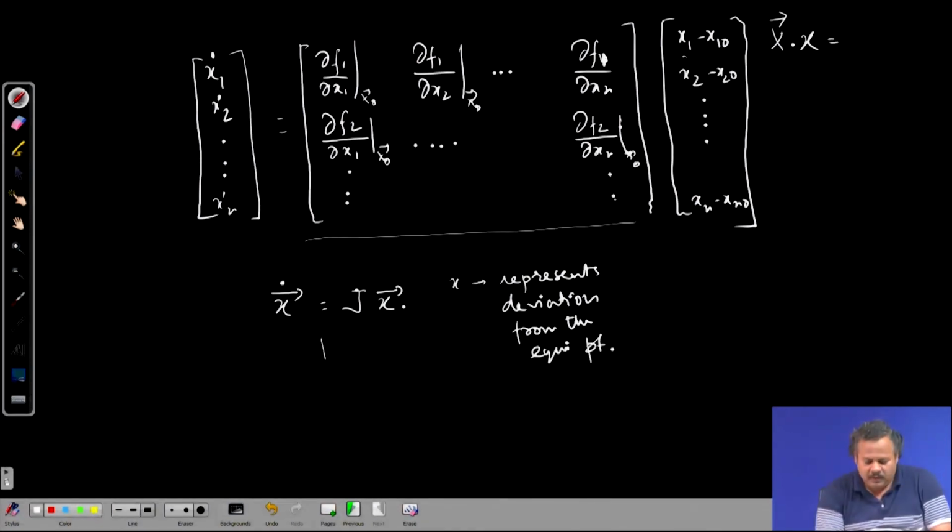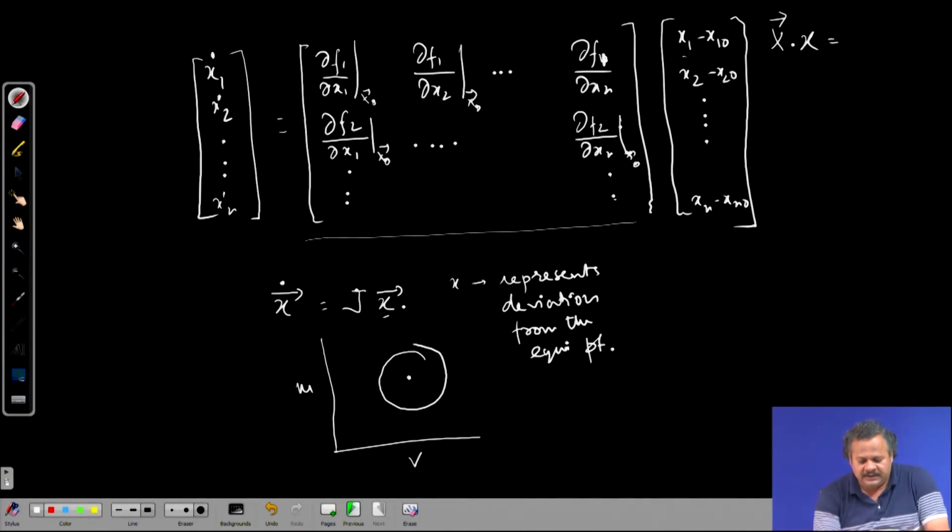That is, we had this in our case, v and m in 2 dimensions, and this is, let us say, the equilibrium point. Then the 0 of this x is at the equilibrium point, and x is representing any position with respect to this particular axis.